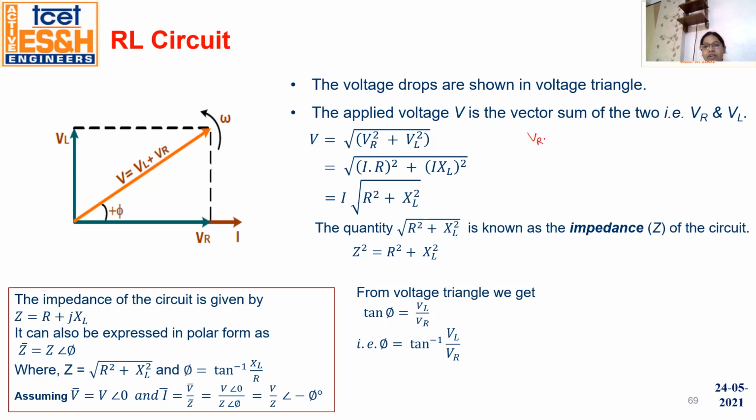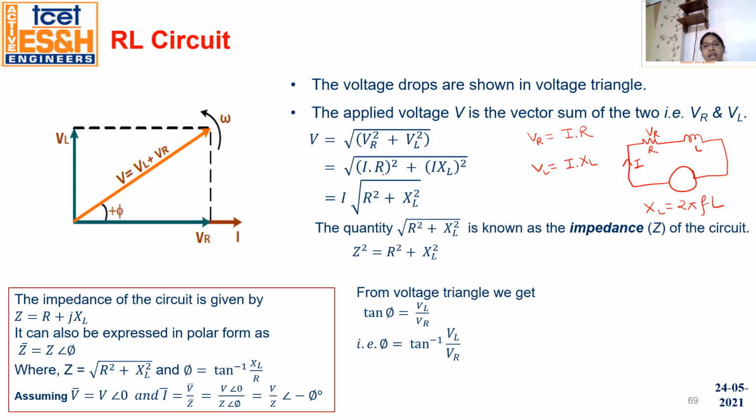Now VR is I multiplied by R because it is a series circuit and current is common. So VR is I into R, whereas VL is I into XL. XL is 2 pi FL.